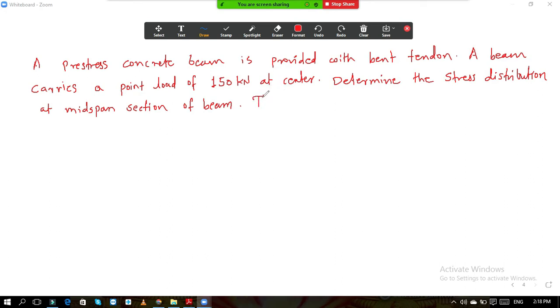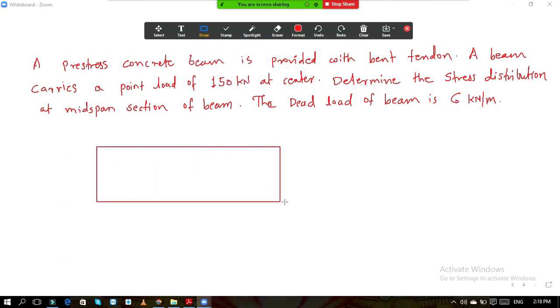The dead load of beam is directly given to you. The dead load of beam is 6 kilonewton per meter, and the cross section of beam is 400 by 600. So I will draw the diagram first. This is the given beam.